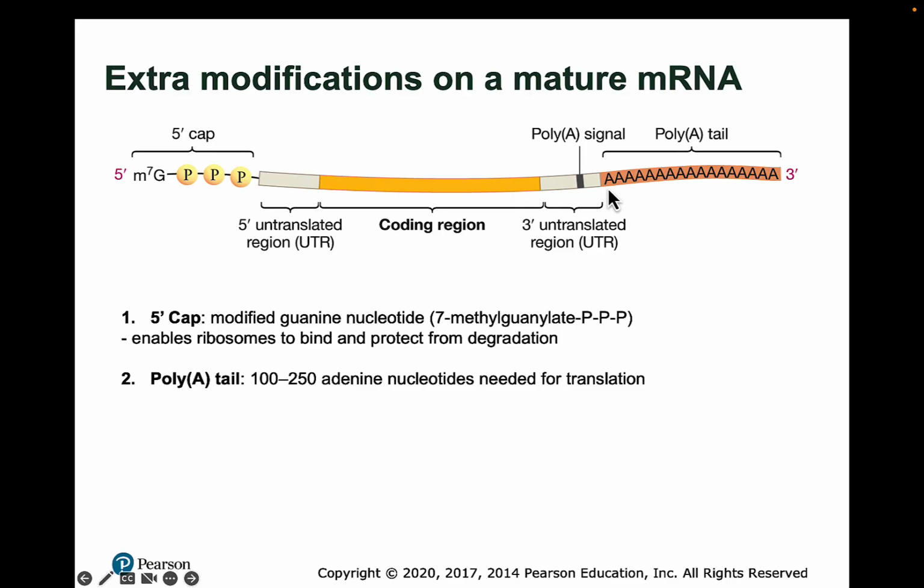So this is at the end, this isn't actually encoded in the DNA, but there's this long addition of 100 to 250 adenine nucleotides, and this is needed for translation. And this also protects the mRNA transcript from degradation. And it's added after cleaving the 3' end.